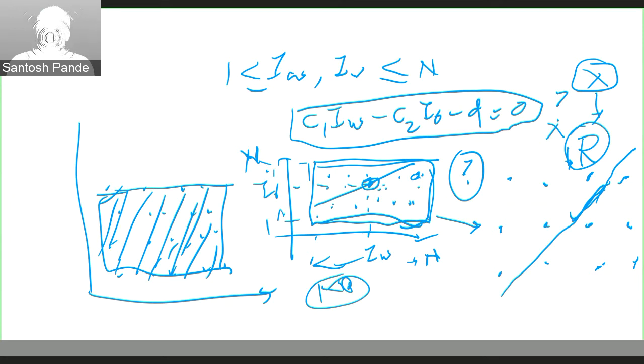This line carries out some values for whatever reasons, and these values are over here, let's say. For the underlying values, this particular line just doesn't intersect this space. If that is the case, then there's no solution to this equation within these constraints.